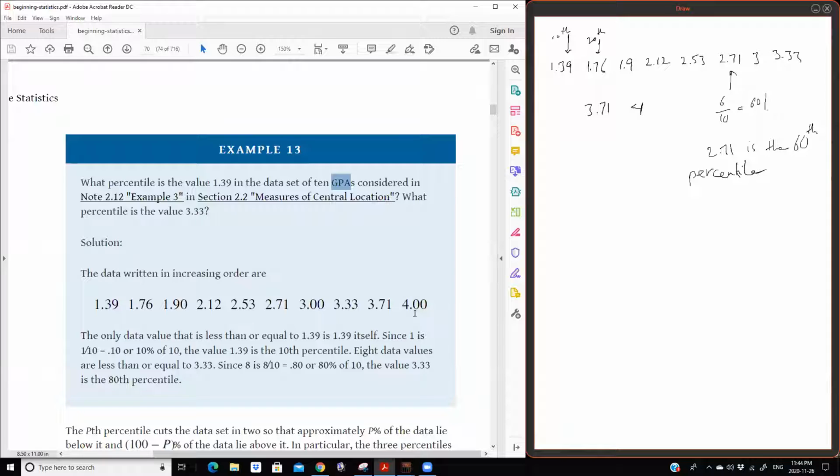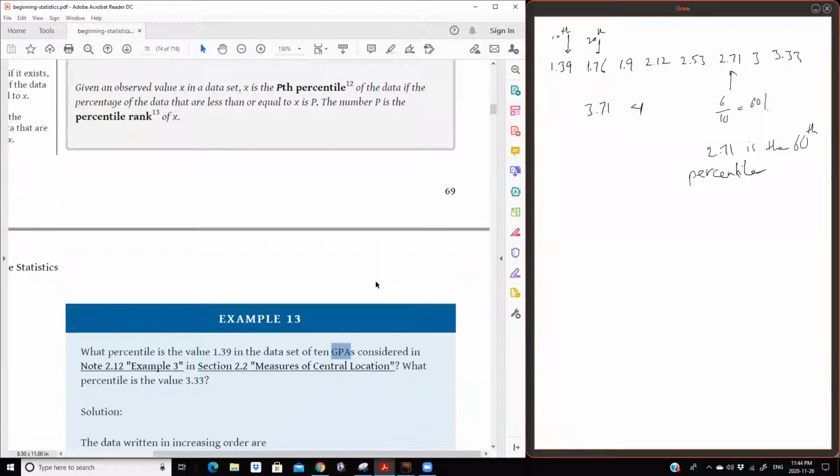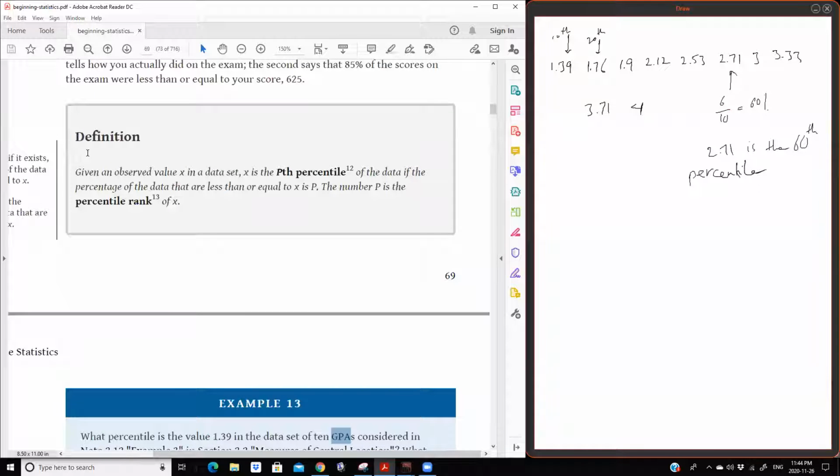Does that make sense? So that's the meaning of this. Given an observed value x in a data set, x is the pth percentile of the data if the percentage of the data that is less than or equal to x is p.